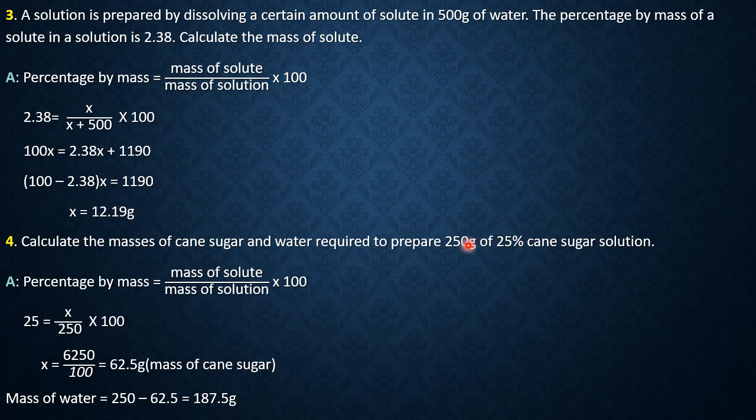So this is the mass of the solution, not the mass of the solvent, because the statement says to prepare 250 gram of 25% cane sugar solution. In this solution, how much sugar is there? That is the question. Therefore, 250 is the mass of the solution. So solve it. You will get the answer for mass of water equal to 187.5 gram.